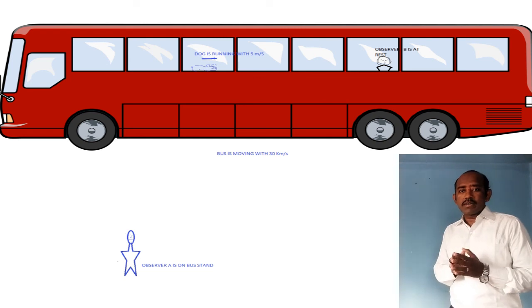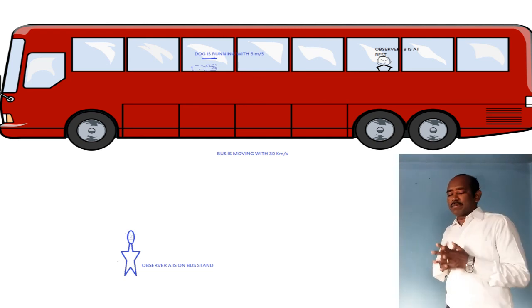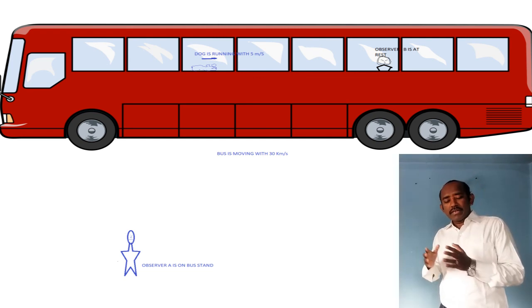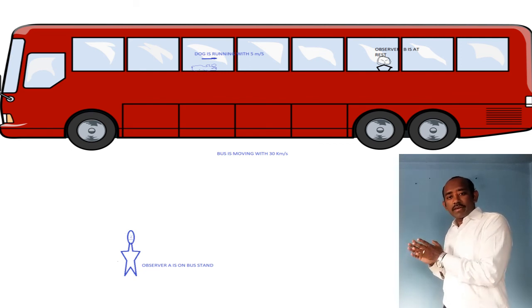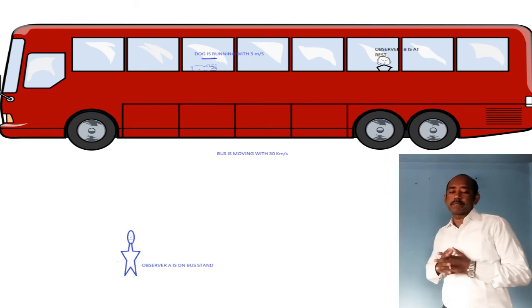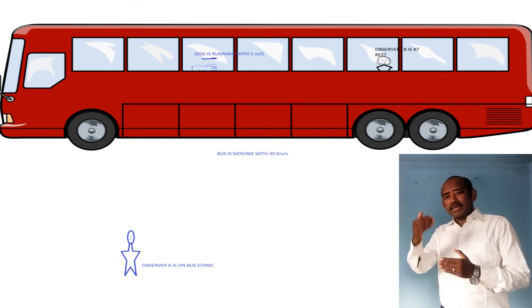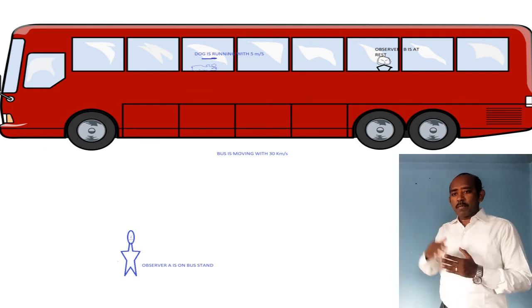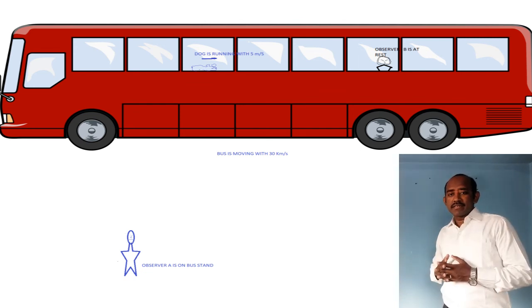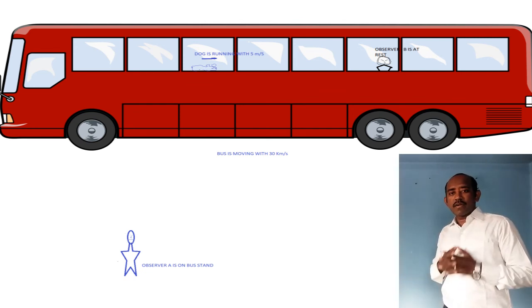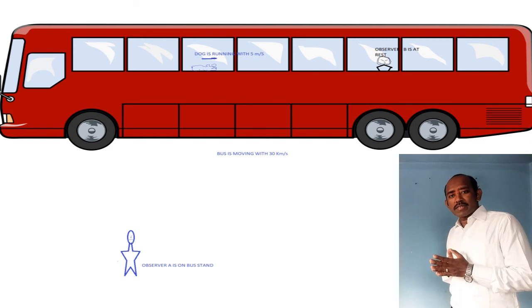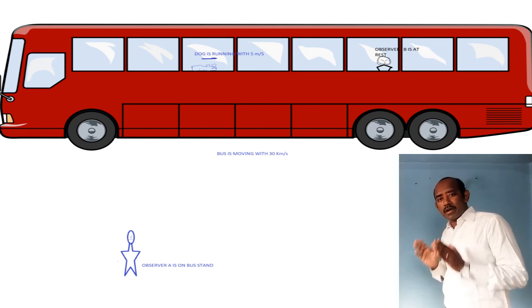For observer A, who is sitting inside the bus, the dog's speed is 5 km per hour only. For an observer who is observing this event from the platform or from the bus stand, who is at rest, the dog's velocity is not 5 km per hour.